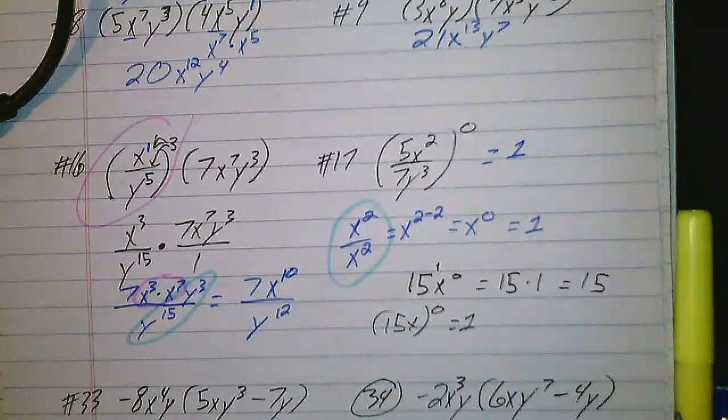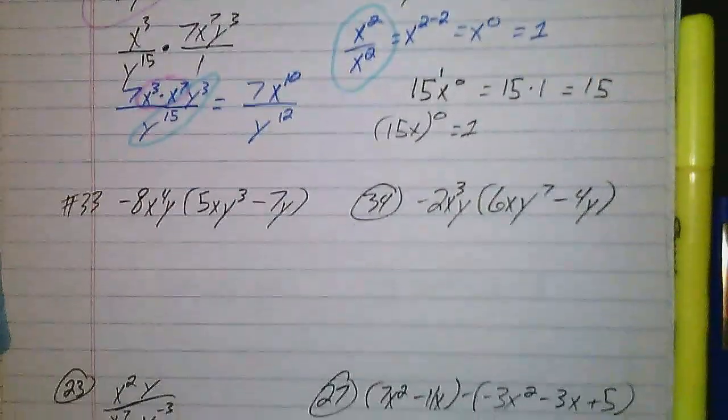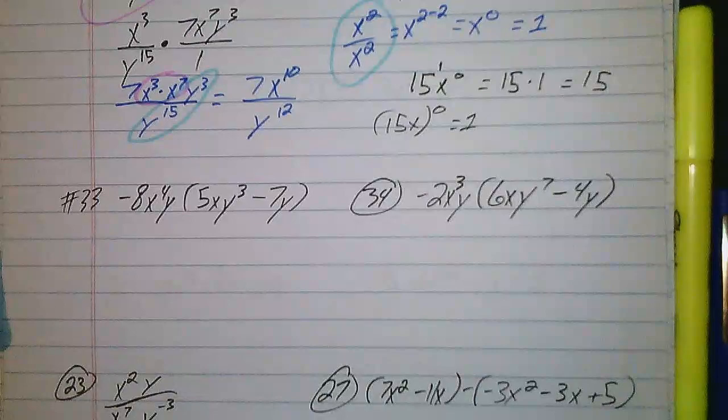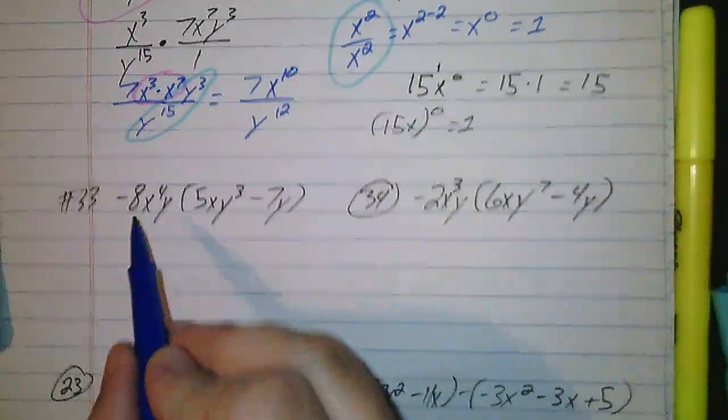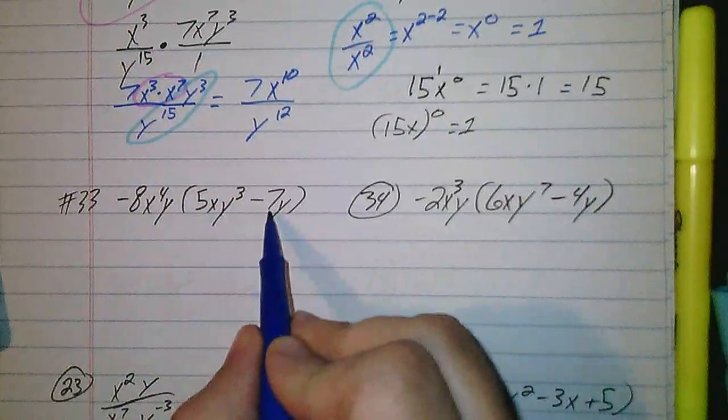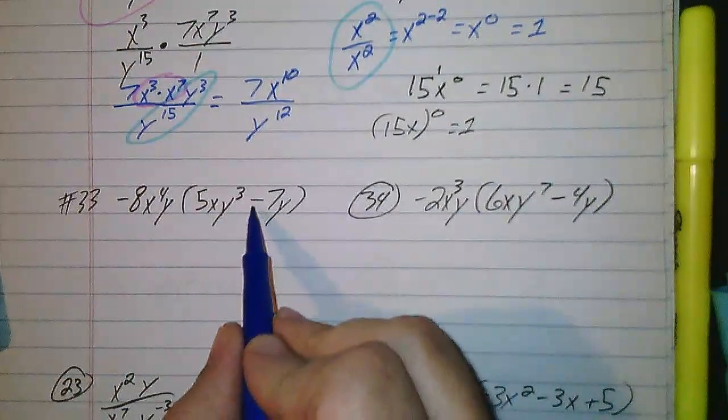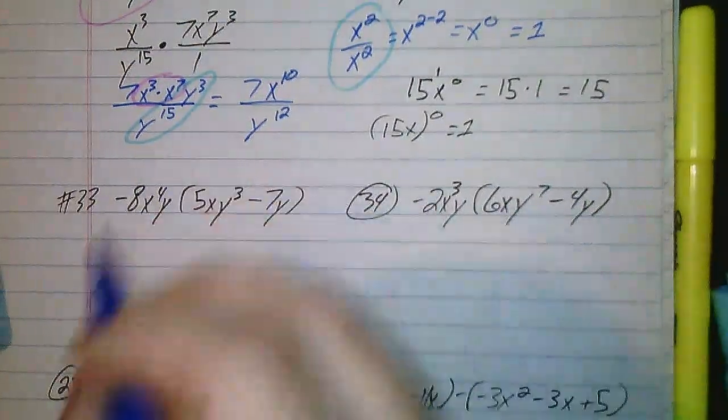Moving on, let me move the camera down. Number 33. Again, students will think this is like a foiling problem, but we have a binomial in the parentheses because it's separated with this minus sign.